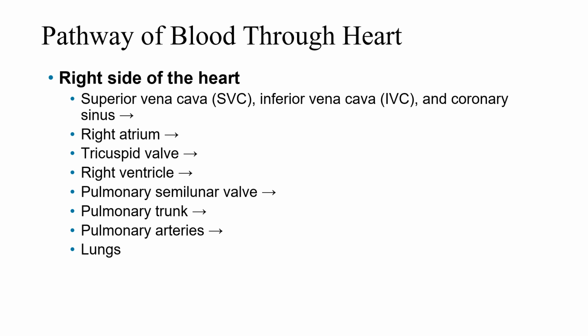That goes to the right atrium. That blood will pass through the tricuspid valve into the right ventricle. The right ventricle will, of course, contract and pump through the pulmonary semilunar valve into the pulmonary trunk. The pulmonary trunk diverges into the pulmonary arteries, which lead to the lungs. And this is where the blood is, of course, getting oxygenated.